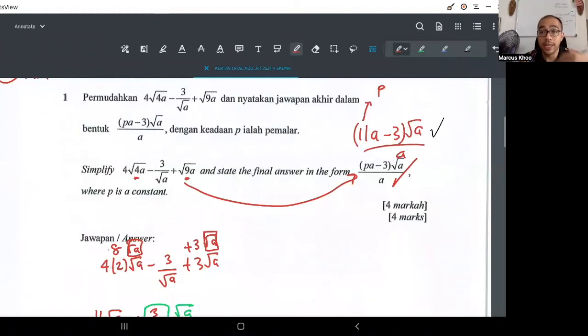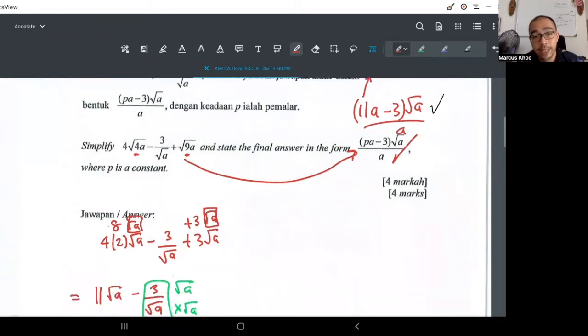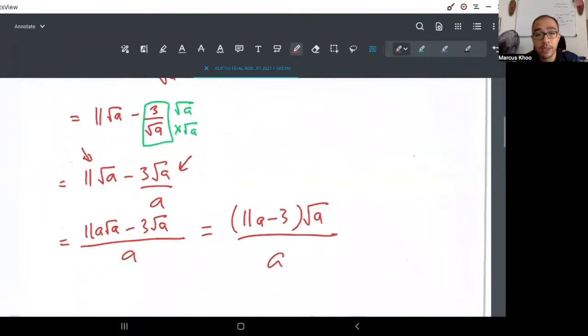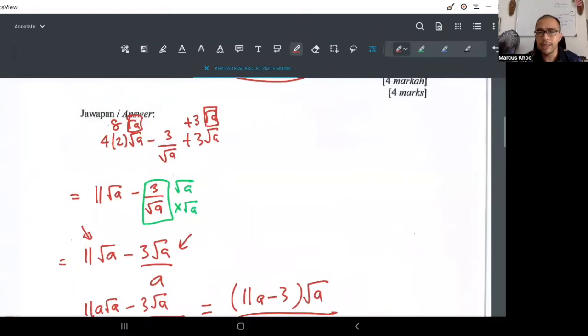So the good news is they give you the form of the final answer, but they didn't give you the value of p. p is a constant. So if you notice here, there's nothing really very special about this question. It just requires you to notice that this one is root a and this one is root a, so the numbers we can add together.